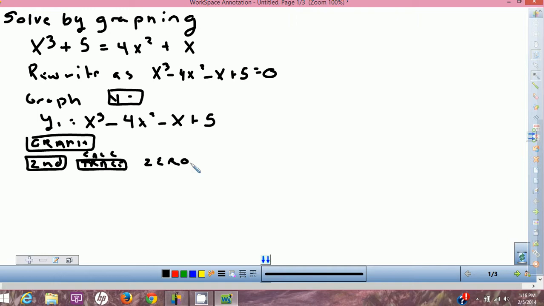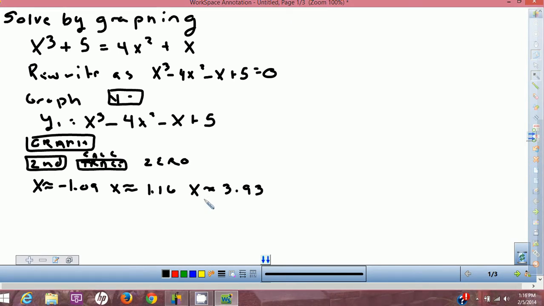I'm going to do a left bound, a right bound, and a guess for each one of those, and I should determine that x is approximately equal to negative 1.09 for the first one, x is approximately equal to 1.16 for the second one, and x is approximately equal to 3.93 for the third one.